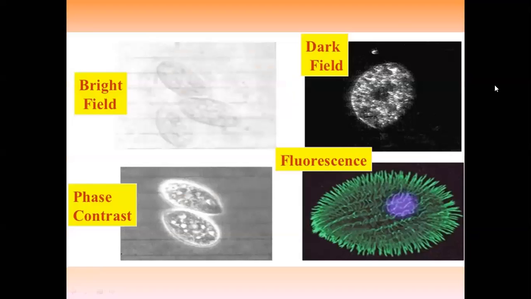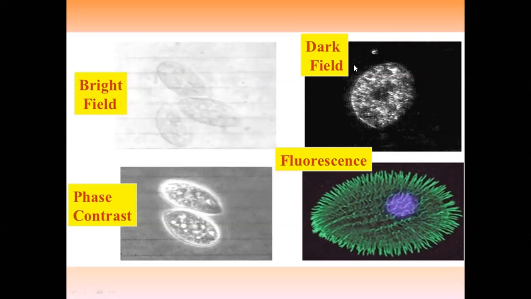So the images, as you can see, when you look through a bright field microscope, will appear somewhat like this. This is your sample that you are seeing through the microscope, and the background is bright. So we can say that this sample might have been seen in the bright field microscopy.